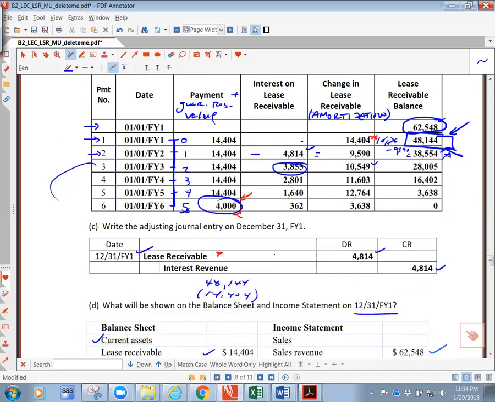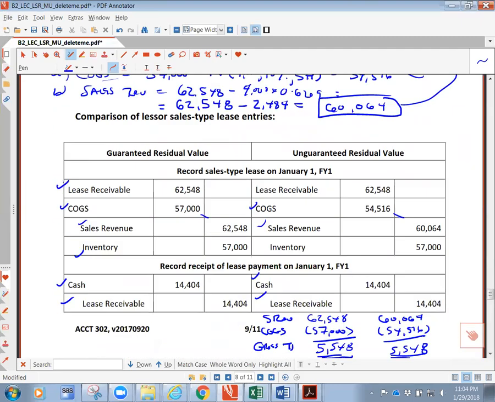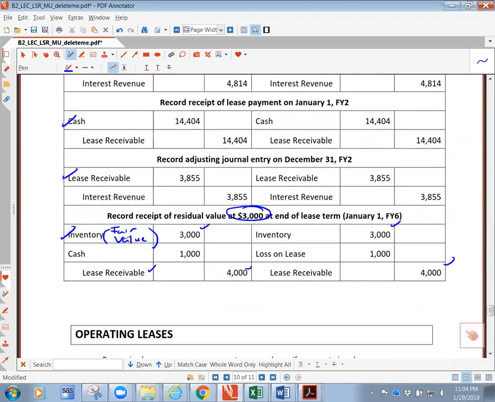So in your amortization schedule, there's a 4,000, and I lit it up from a prior lecture. So it's in your timeline in the column with payment plus guaranteed residual value. So it's counted just like it was a cash flow, and it is going towards the lease receivable. In the guarantee case, guess what?